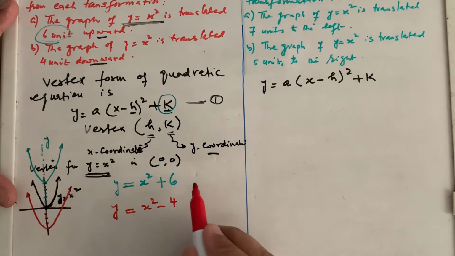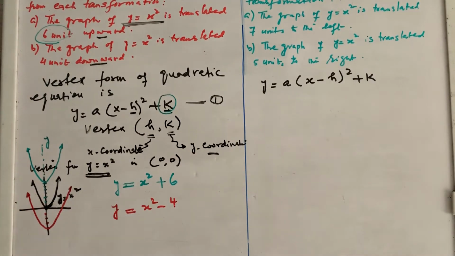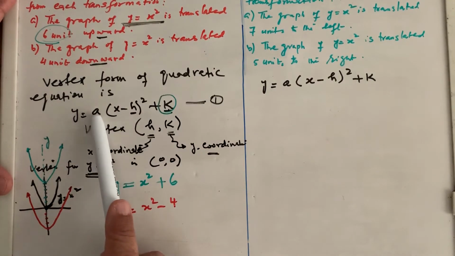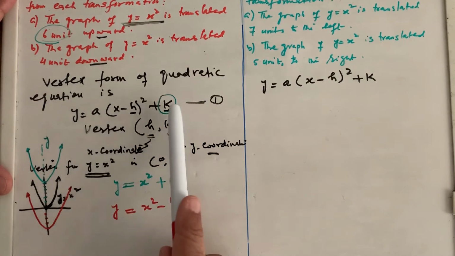So one more time I will repeat, so to understand it clearly, that y is equals to x square is the basic equation where no h and k involved and the vertex is at 0, 0. And when I write the vertex form of the quadratic equation, it is y is equals to a times x minus h whole square plus k.